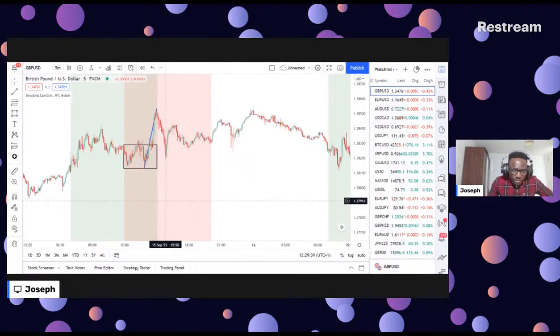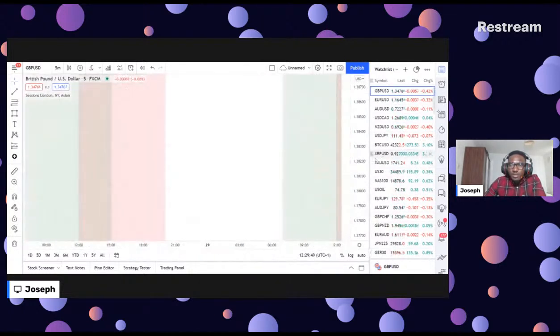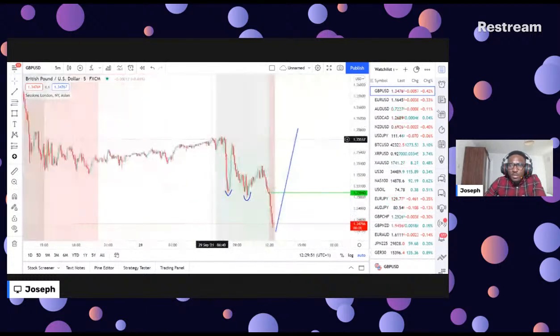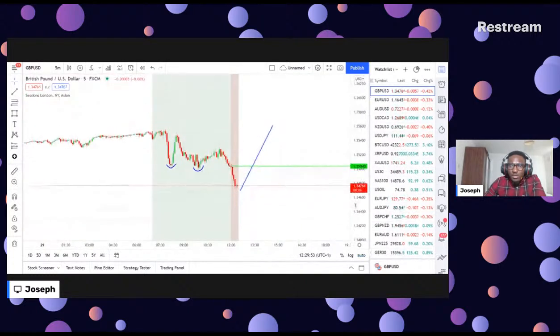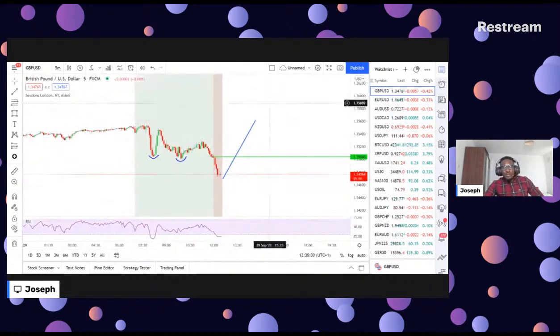Do I use volatility or probable reversal range? No, I don't. To answer your question, I don't use that. As you're going to see a lot of the time when I trade, there's nothing on my chart apart from occasionally RSI.